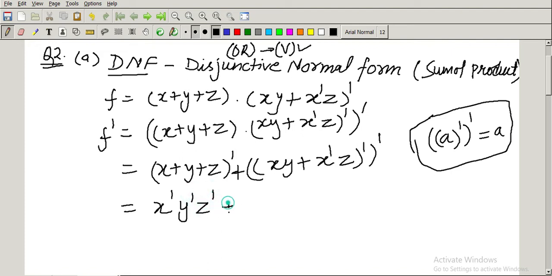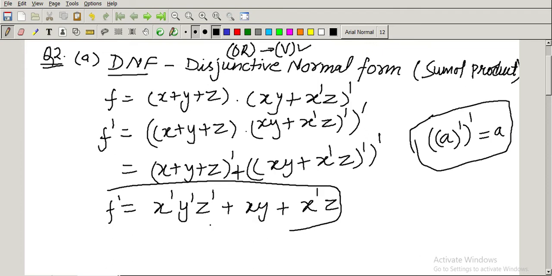Okay, plus, sorry, so these plus are changed to the dot, right, and then this is already in this form, which is xy plus x complement z, because this complement will vanish. So this is your answer.